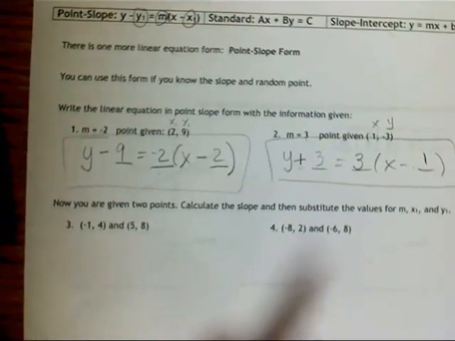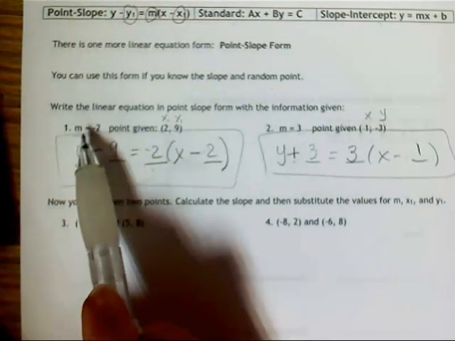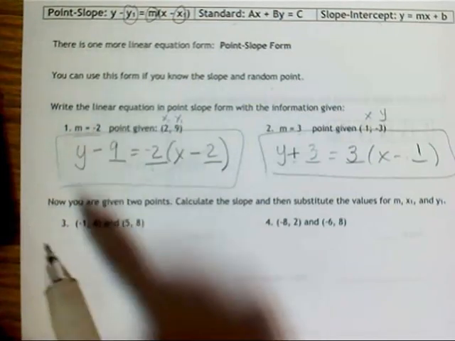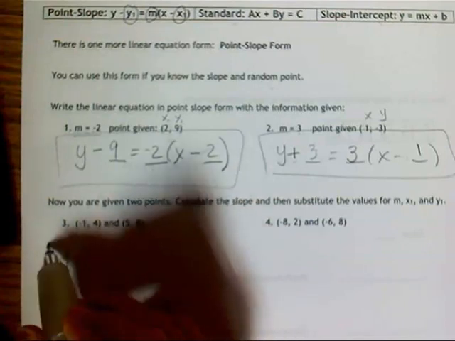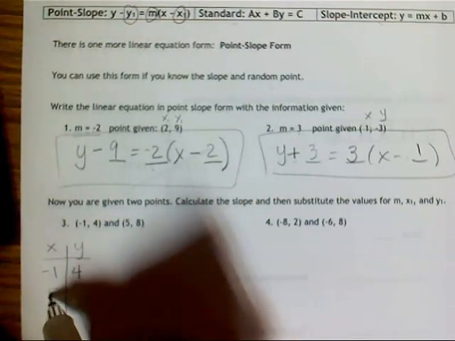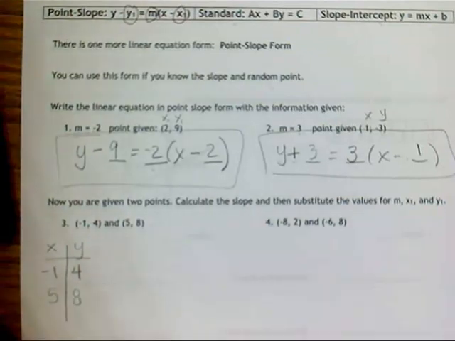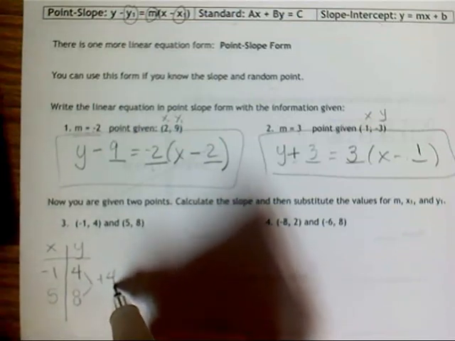So the next thing they can throw at us is, instead of giving us the slope and a point, they give us 2 points. But we know we can use 2 points to find the slope. So instead of them just giving us the slope, we're going to find it. From 4 to 8, that went up 4.